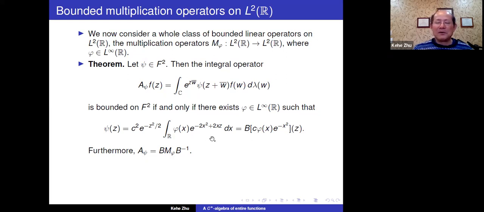You can sit down and compute it, and once you realize this, it's relatively easy to compute. This result also follows from the result I mentioned in the previous slide, the result of the 5-author paper, so you can think of this as a corollary to their result. What I'm going to talk about next will be formulated in terms of this. So the integral operators I have on the Fock space will be like this, and they are equivalent to classical multiplication operators on L2 of R.